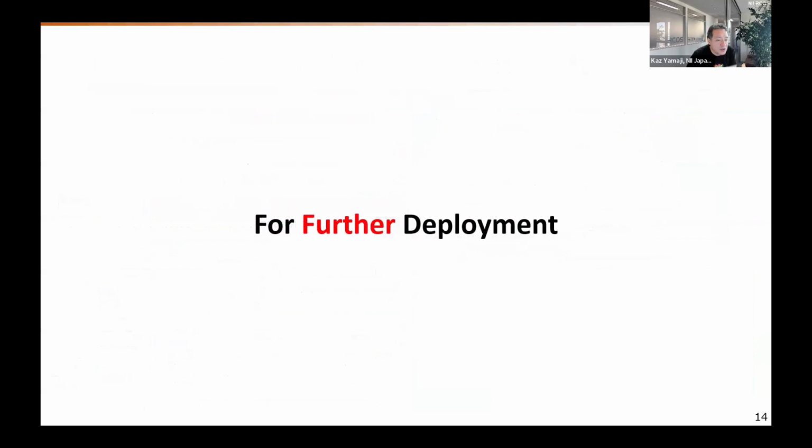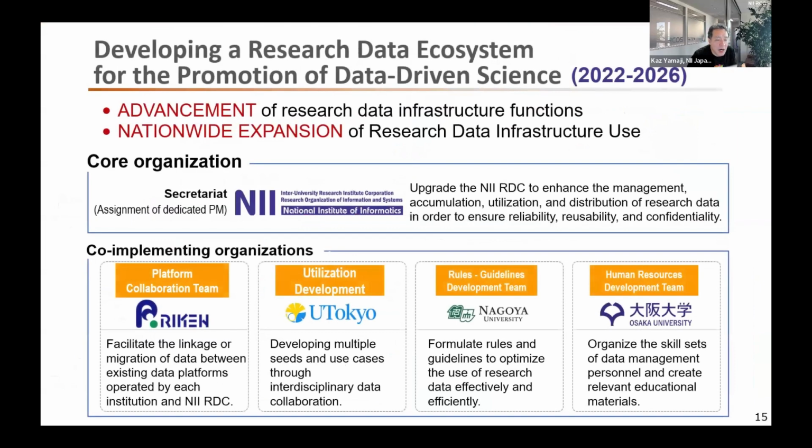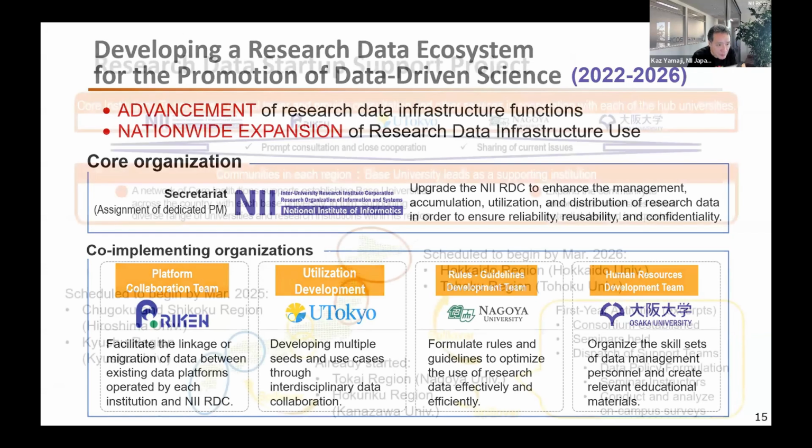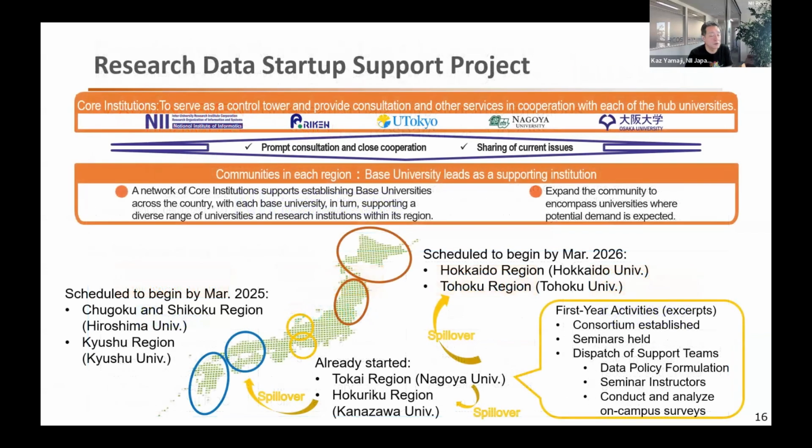And in addition to the three platforms, we are adding new functionality based on this new project funded by the Ministry of Education and Research. And in this project, the main scope is also, of course, adding new functionality to our NII Research Data Cloud. And in this project, something like this automatically happened: a local community started in the middle of Japan, but automatically propagated to different parts of Japan.